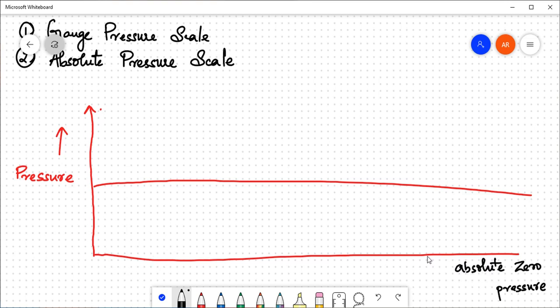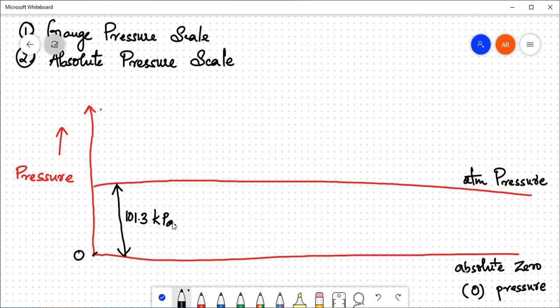So along this line the pressure will be 0. And the second line represents atmospheric pressure. This vertical ordinate will be atmospheric pressure and its value is 101.3 kilopascal.